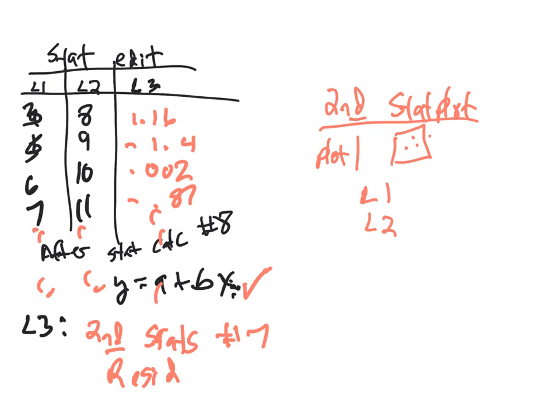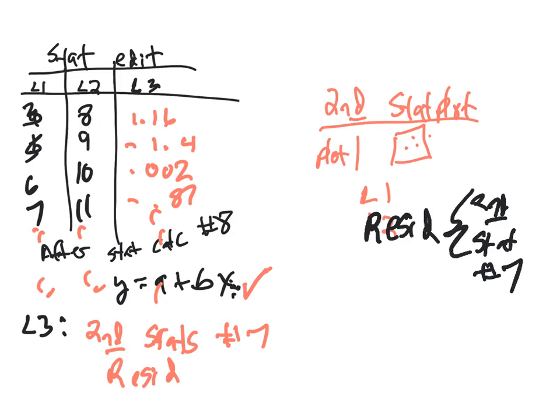Instead of graphing L1, L2, it's kind of cool. You can just tell it to graph L1 versus the resid, which comes from, again, second stats number 7.